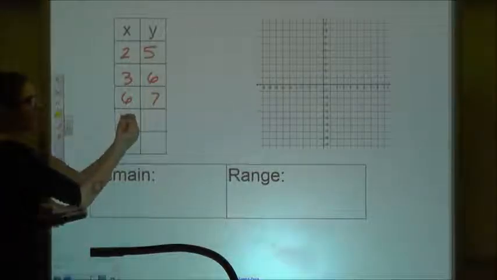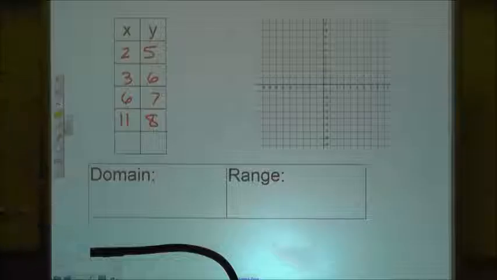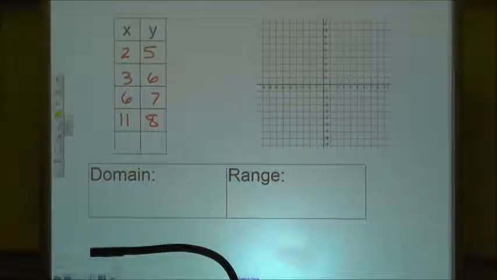You have 11, 8. I think that's enough. I usually don't go with numbers that are over 10, but 11 is pretty close. Good so far? Do you see where you got to your table? Hitting second graph will bring you to your table.